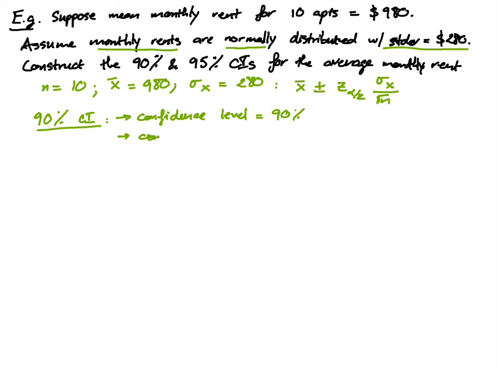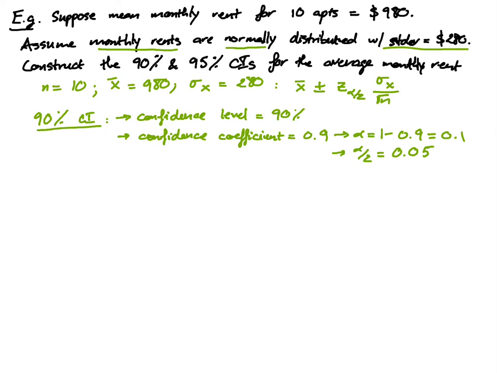Our confidence coefficient is 0.9, which gives us alpha of 0.1. So alpha over 2 is going to be equal to 0.05. Okay.